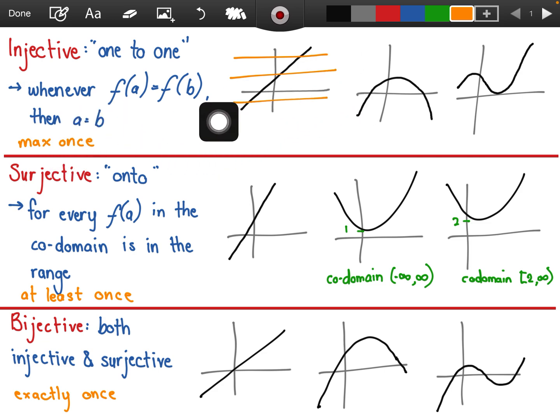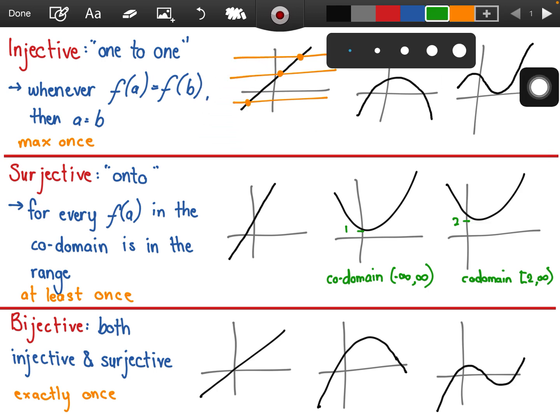So when we see this in a horizontal line test, it means that the horizontal line is going to cross the graph a maximum of one time. For this first graph here, every horizontal line you see crosses the graph a maximum of one time. Let's say this here is a y value of 3.